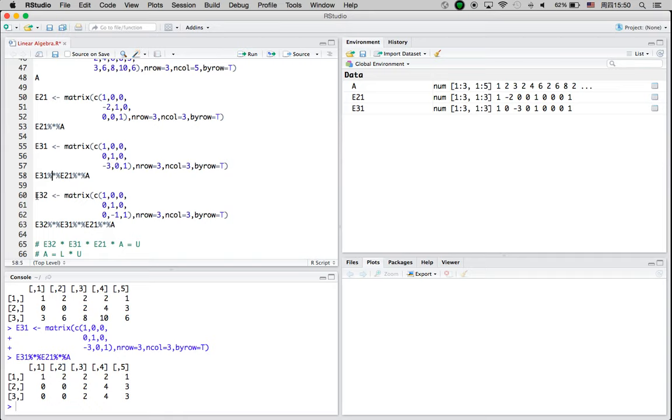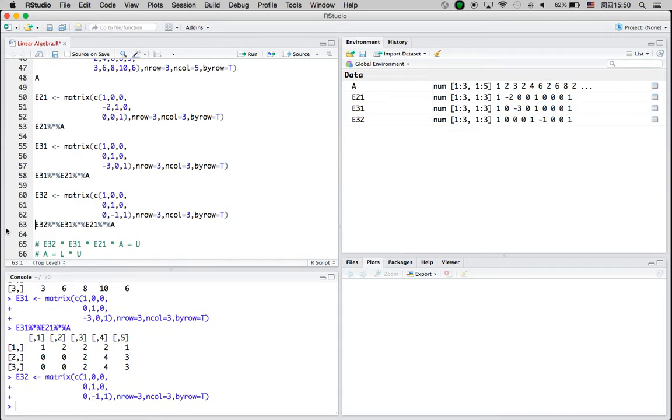Our last step between the third and the second row is that we want to subtract row 2 from row 3, so we put a negative 1 here.